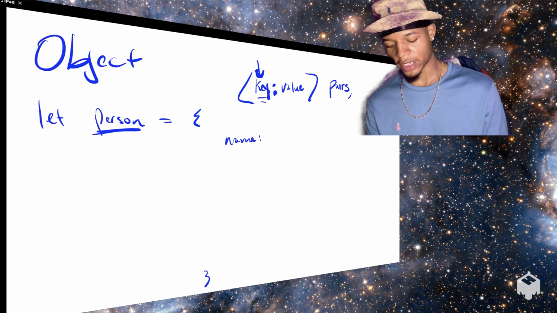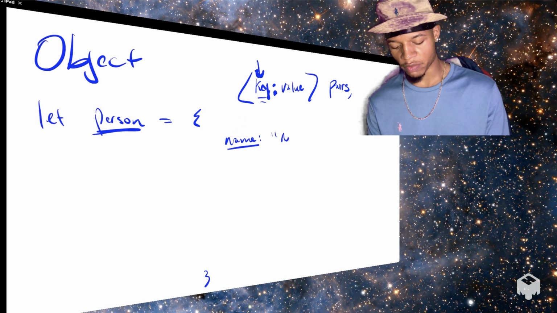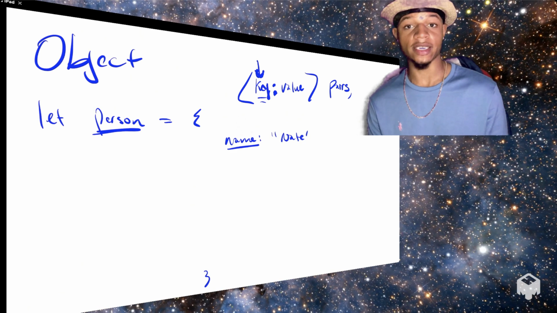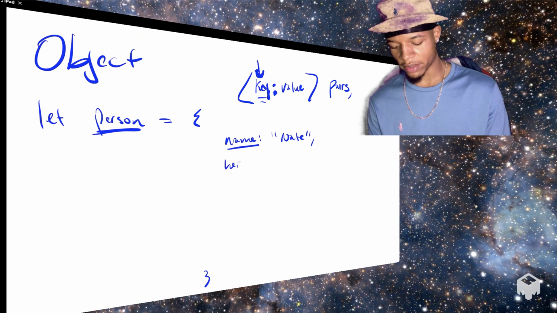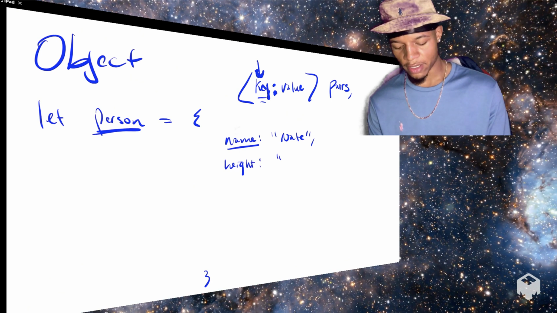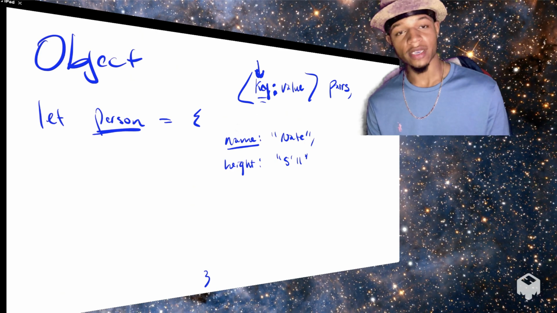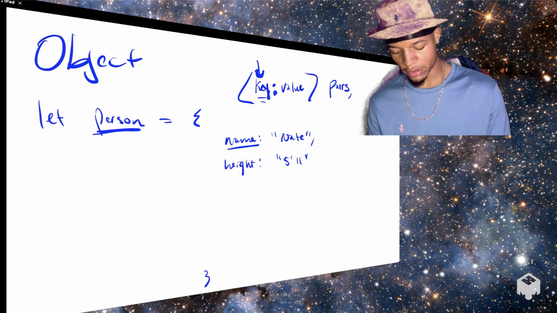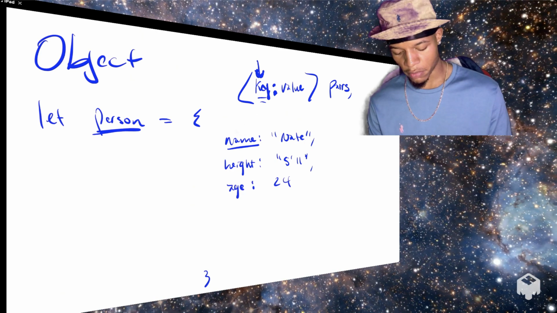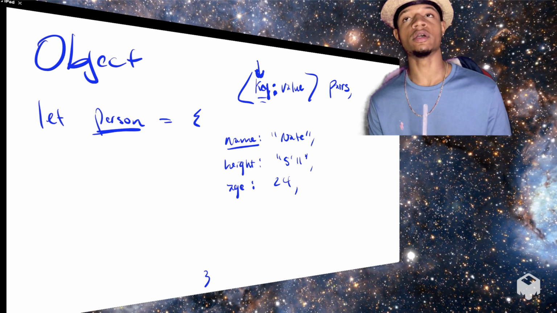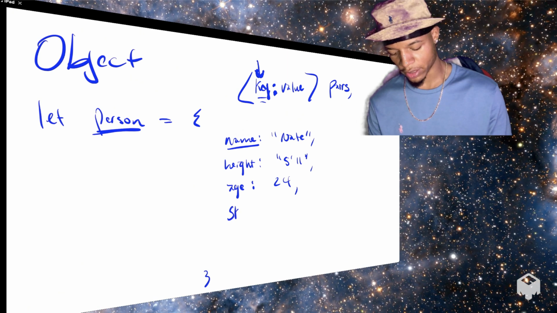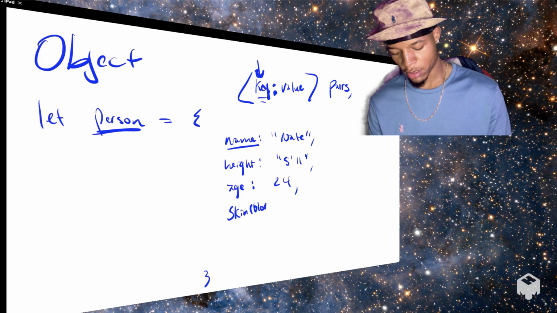And so you got the key name, and so my name is going to be Nate. Then you got the key, let's say height, right? So my height is 5'11", right? Cool. So got my height. Let's say age, and then let's do skin tone or skin color. And we got black.